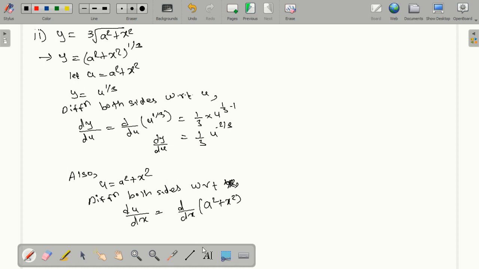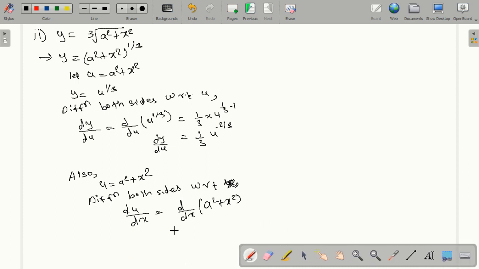Here a square is basically a constant. For example, 2 square is 4, so it is a constant, and the derivative of a constant, we know, is 0. So this is 0 plus the derivative of x square, which is 2x. So the answer is 2x, right? So this is your du by dx.